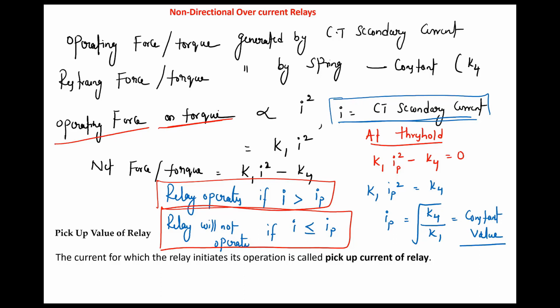So the pickup value of the relay is defined as the current for which the relay initiates its operation. Just it initiates the operation. The current for which the relay initiates its operation is called the pickup current of the relay.